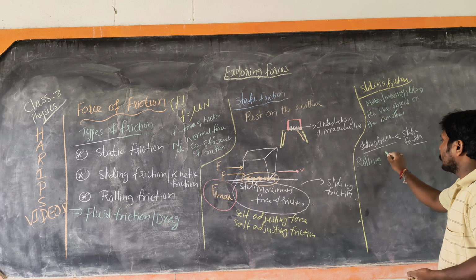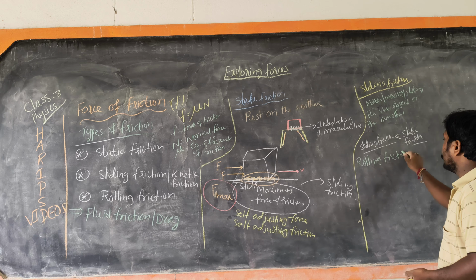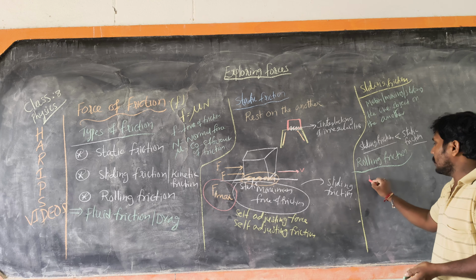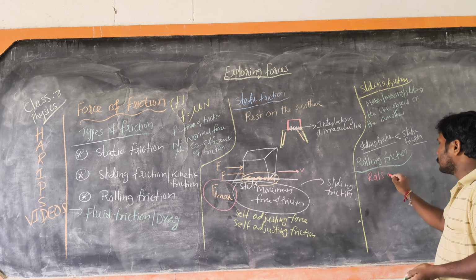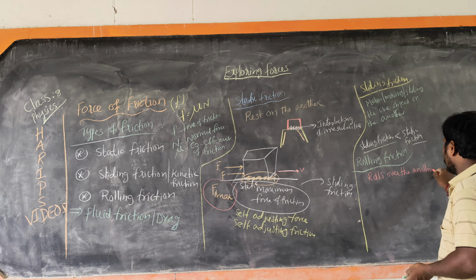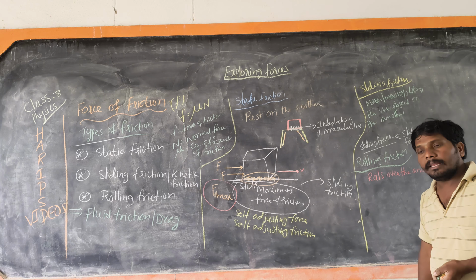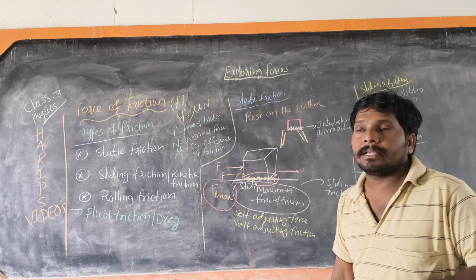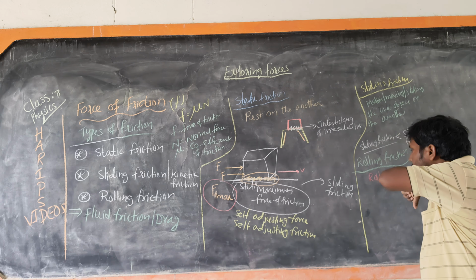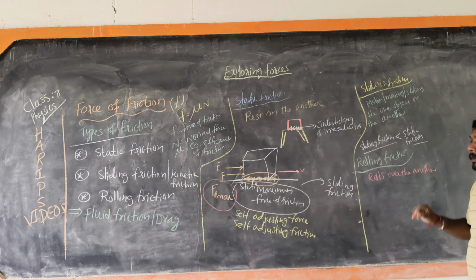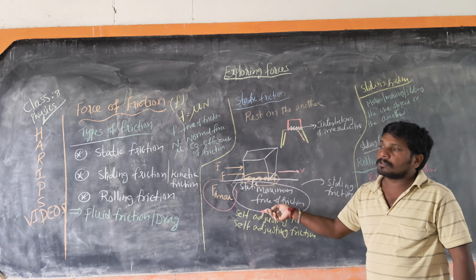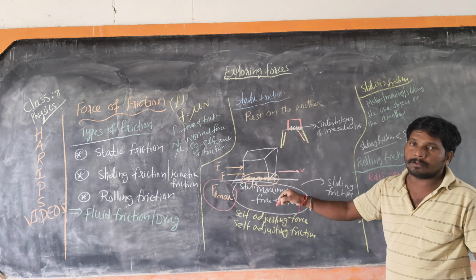What is rolling friction? If a body rolls over another, then the force of friction that exists between the two surfaces is called rolling friction. We need to exert maximum force if the object is at rest on the other one.